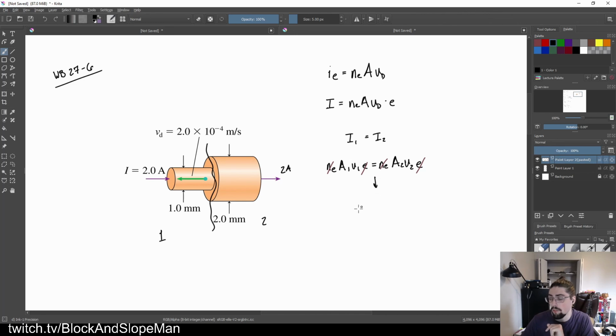I am looking for v2, that drift speed in the second section of the wire. So I'm going to take A1 over A2. What do I see here? The diameter has doubled, which means the cross-sectional area has quadrupled. A1 to A2 is 1 to 4.